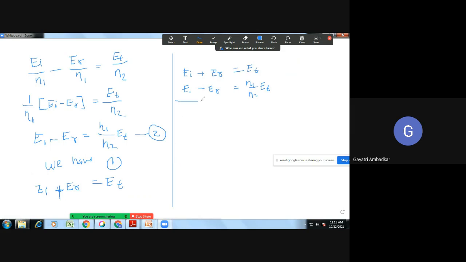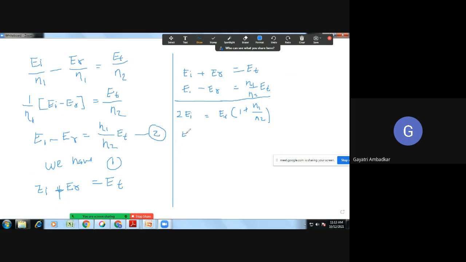If you solve these two simultaneous equations, you get 2 Ei equal to Et plus eta 1 upon eta 2 Et. Et can be taken common, so it will be 1 plus eta 1 upon eta 2.